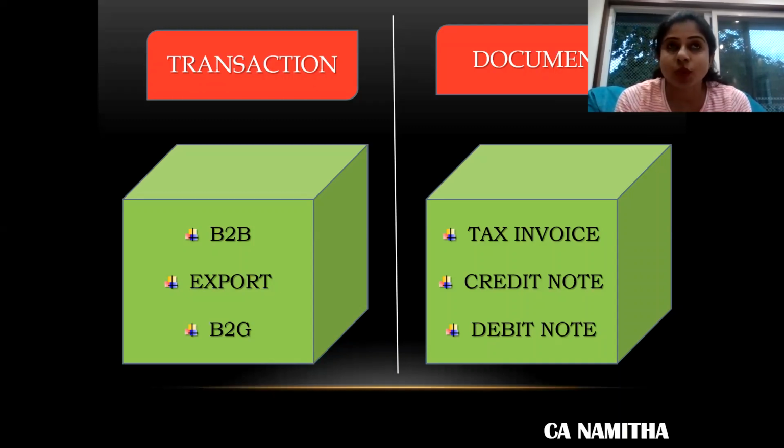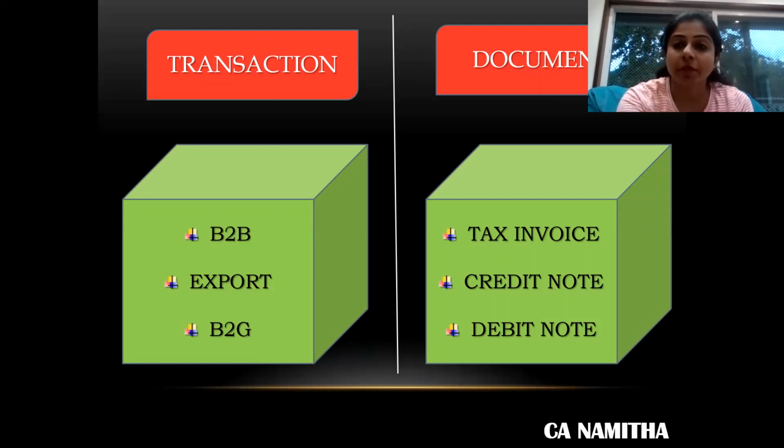An important point worth mentioning here is that B2C and exempt supplies do not come within the purview of e-invoicing. That is, e-invoice is not applicable to B2C or exempt supplies, and it is not necessary to generate an e-invoice on these two. It is applicable to B2B, B2G, and export.